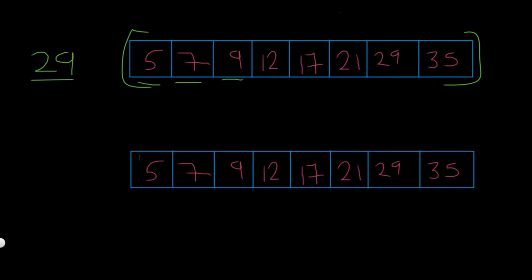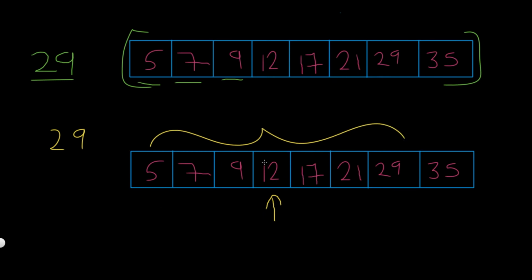Now let's say that we have the same list of elements and we are searching for the same element, 29. In binary search, we don't search each element starting from the beginning of the list. Instead, we first search for the middle element.